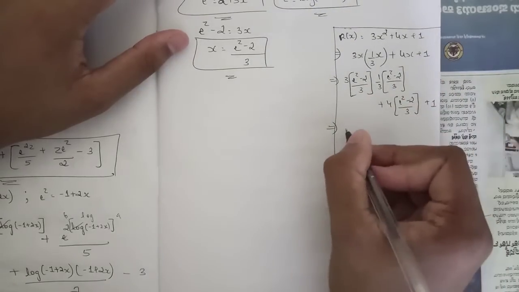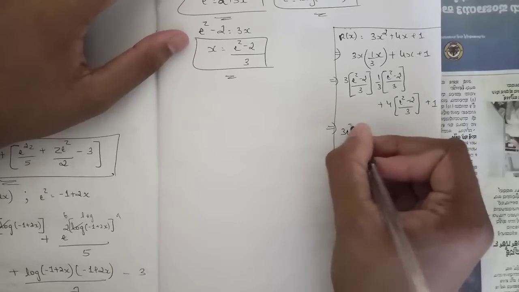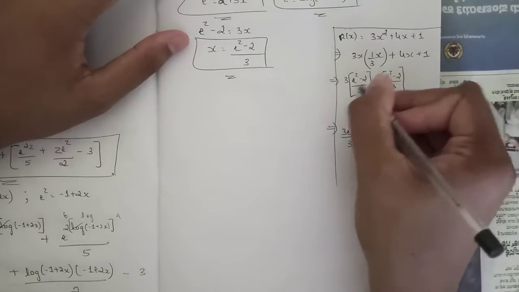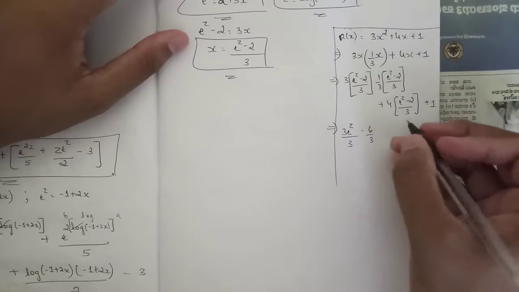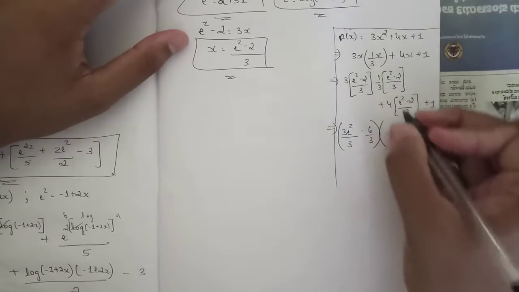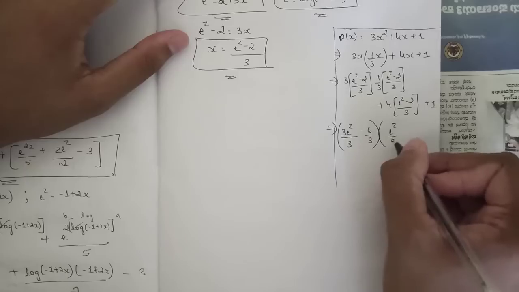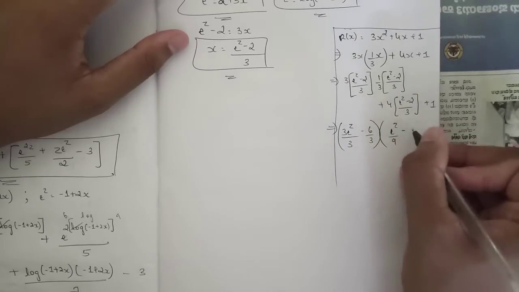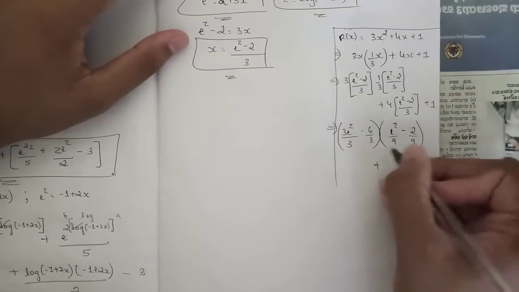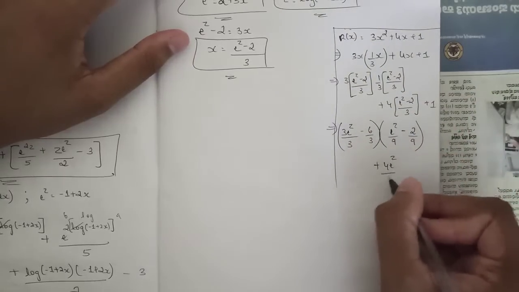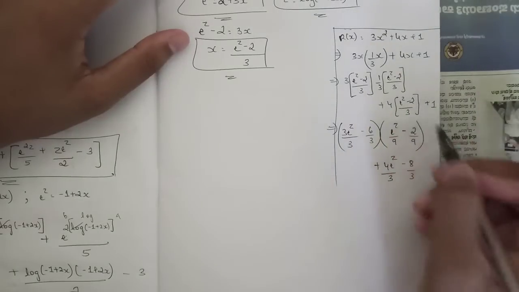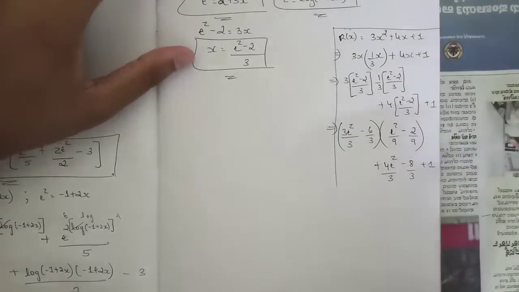So now multiply this, we get 3 e power z by 3 minus 6 by 3, right? 3 to the 6 and we have 3 here, and also we get 1 by 3 into e power z by 3, that is e power z by 9 minus 2 by 9 again, 3 3s are 9, plus 4 e power z by 3 minus 8 by 3, plus 1.